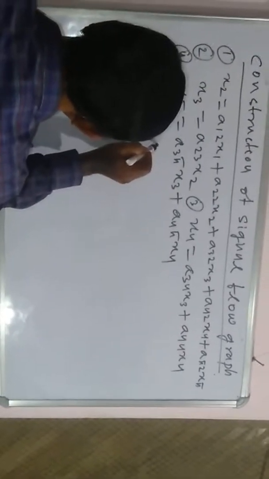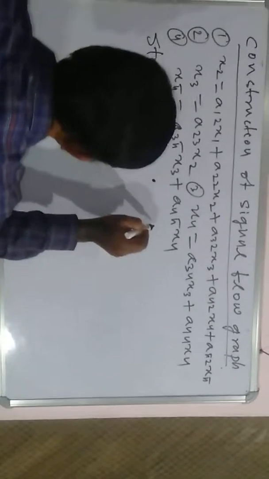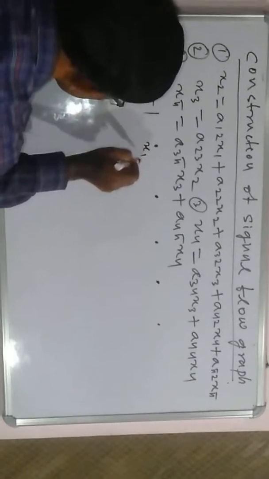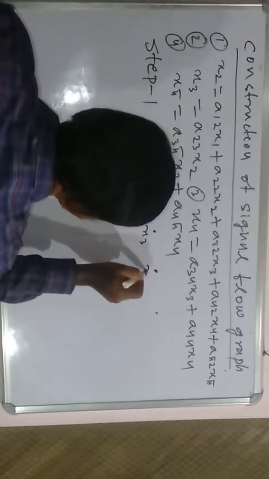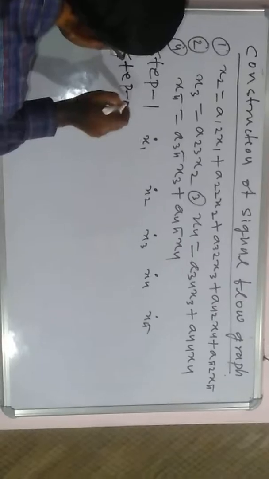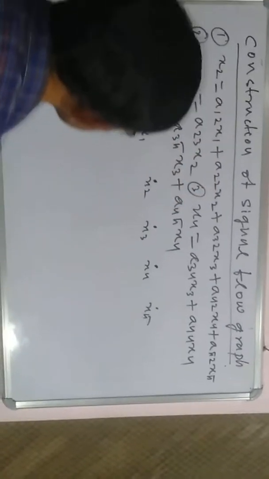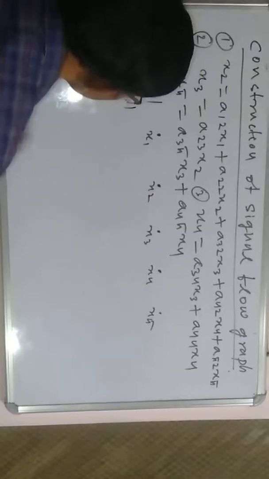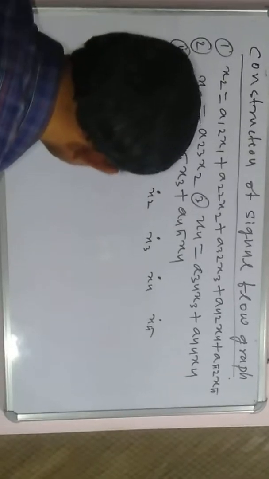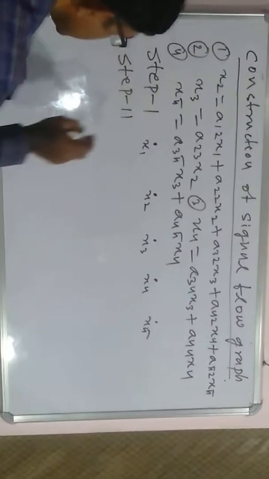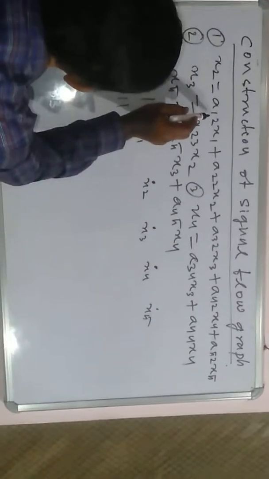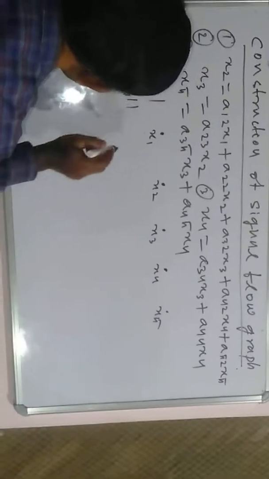So this is x1, x2, x3, x4, x5. Step 2: relate these equations with the nodes, or establish the relationship between variables by nodes and branches. So x2 is equal to a12 x1.